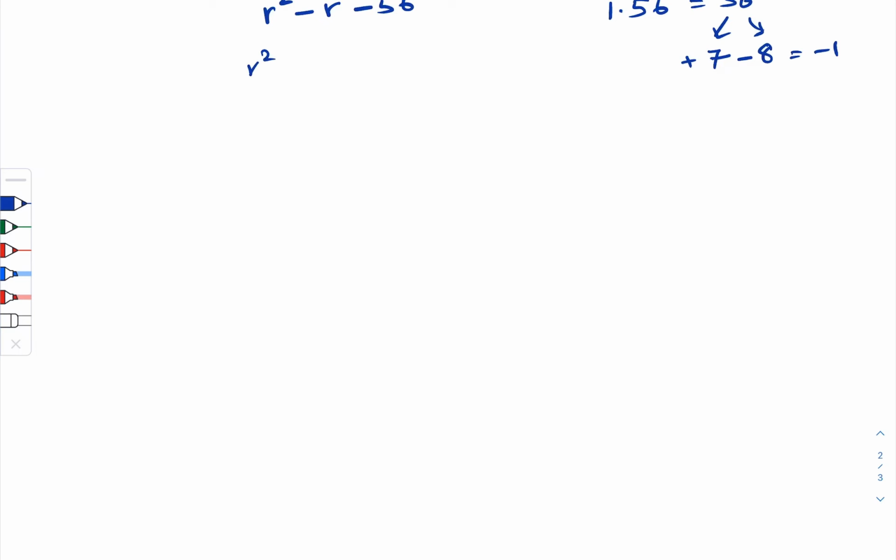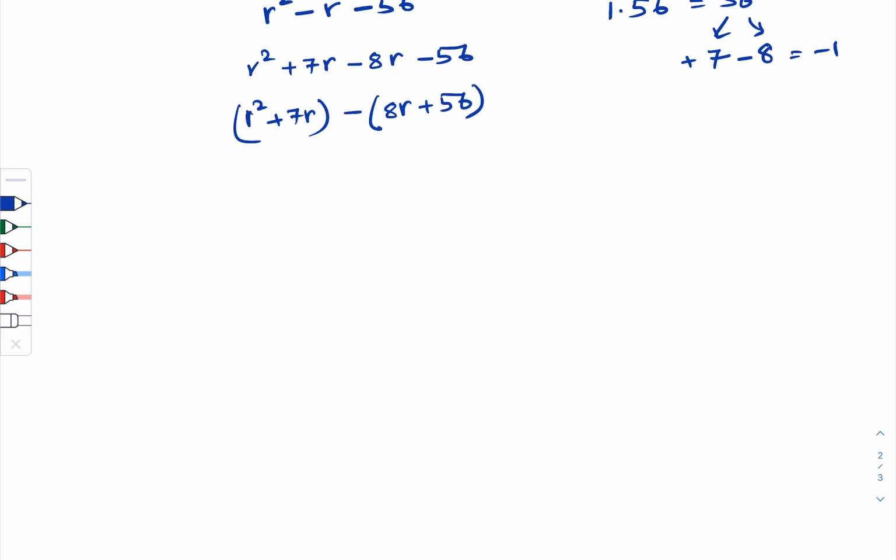So I'm going to rewrite this expression as r squared plus 7r minus 8r minus 56. Now I'm going to group them. So r squared plus 7r minus, and because of the negative sign, the negative 56 is going to flip to a positive. There you have it, okay?